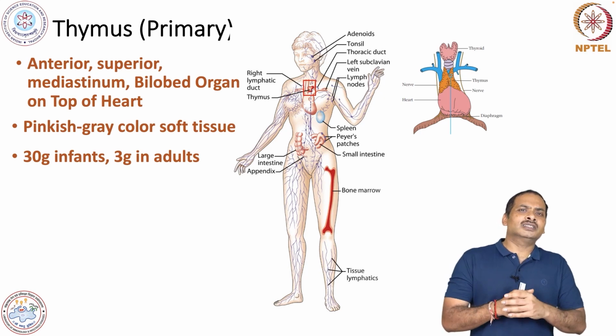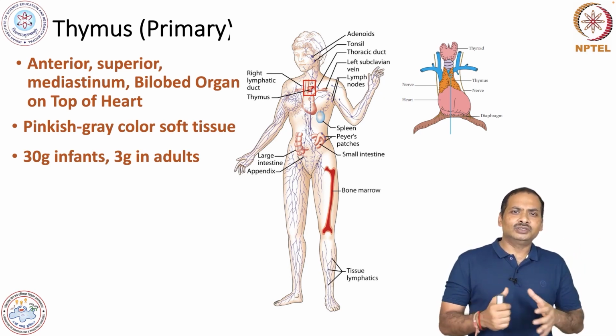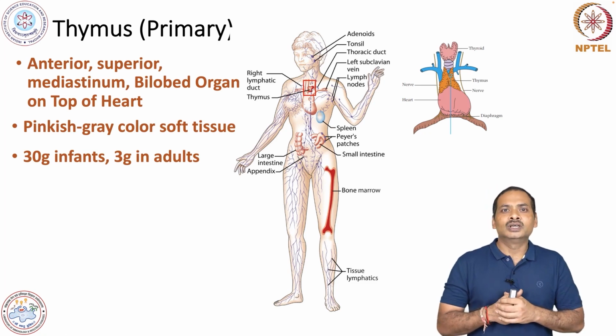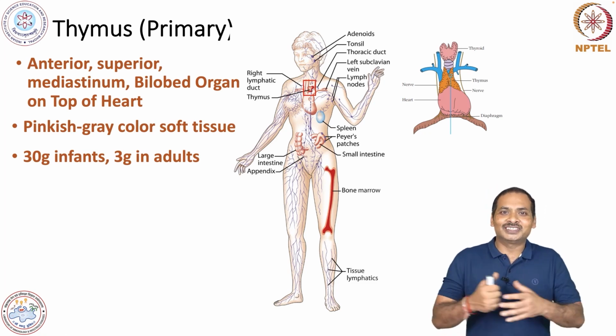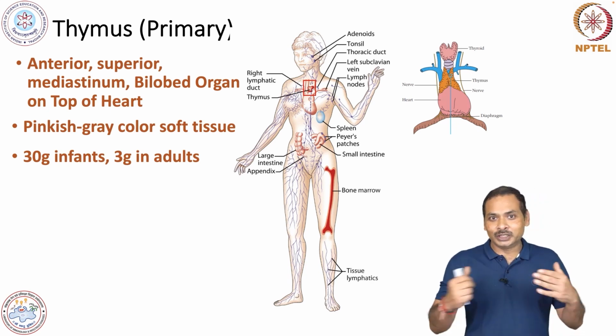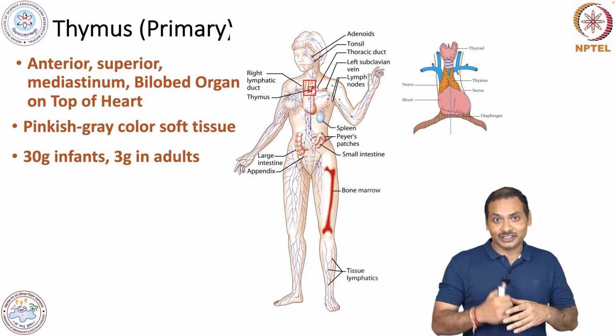Of course, there will be a lot of fatty tissue present in that organ, but the active organ will be only 2 grams. So you can understand this thymus has a unique property: with age it is reducing in size.